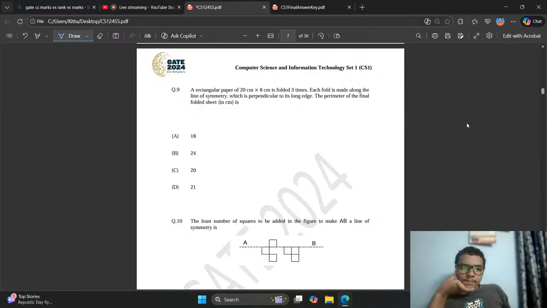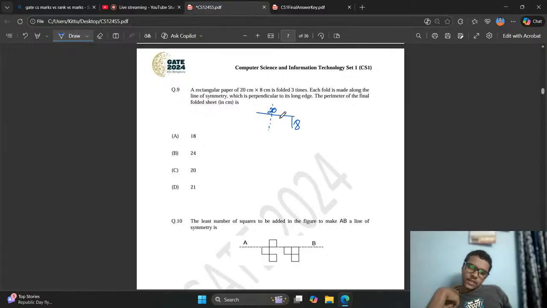Okay. Rectangular sheet. I have already done these questions by the way. It's folded 3 times. So this is the long edge and this is perpendicular to the long edge.